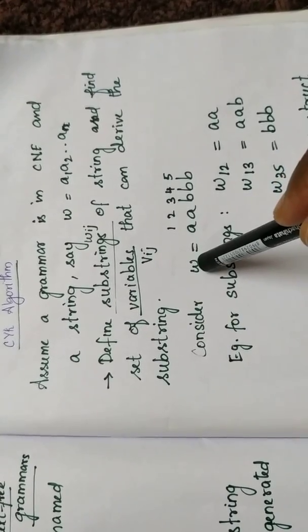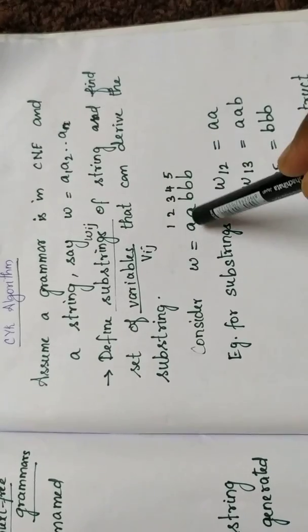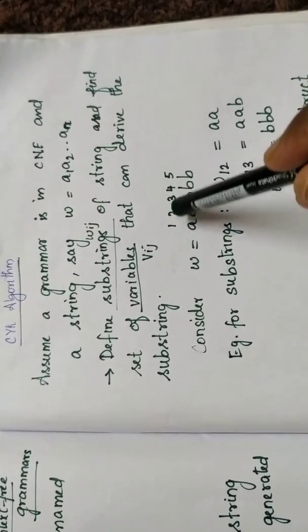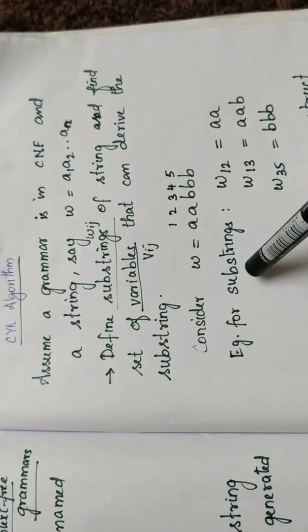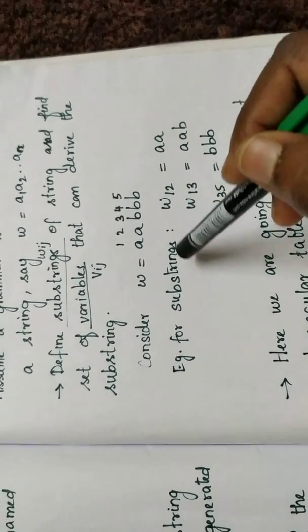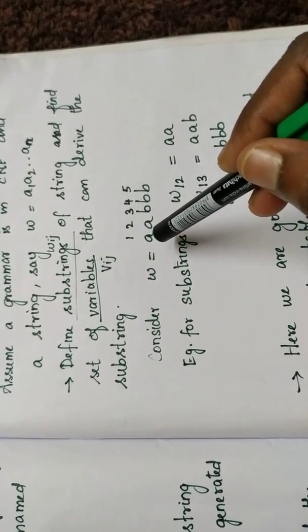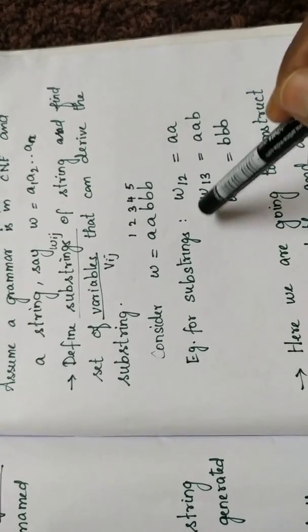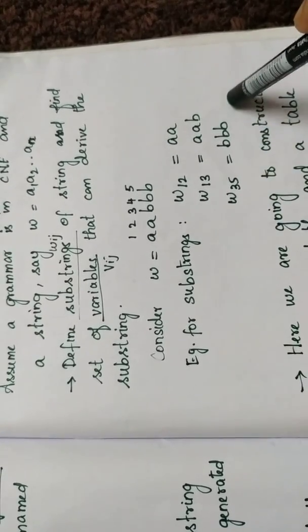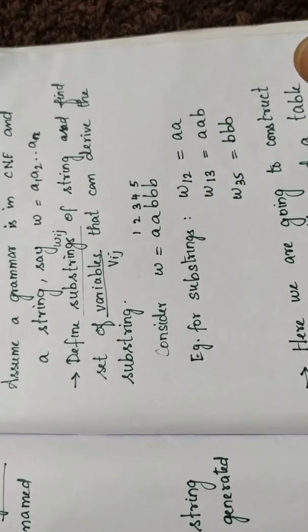Substring means, for example, let's say W is equal to AABBB. This is the string given, and the positions are 1, 2, 3, 4 and 5. Now the substrings can be something like this. If I want to find the substring from position 1 to 3, W13, then it is AAB, or W35 is BBB.